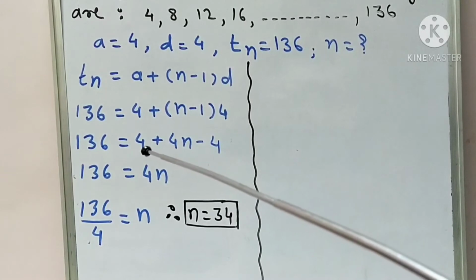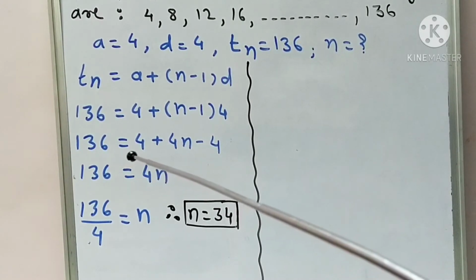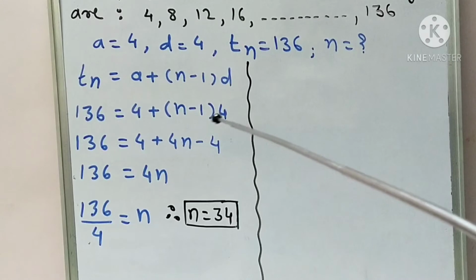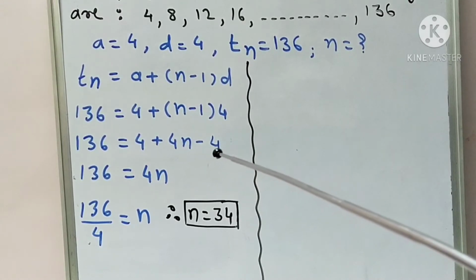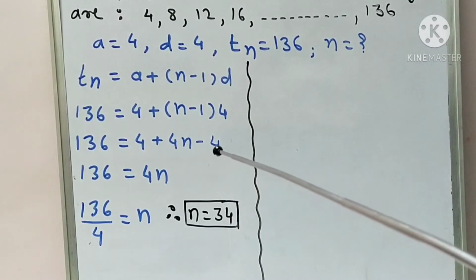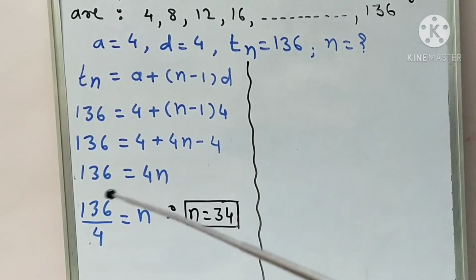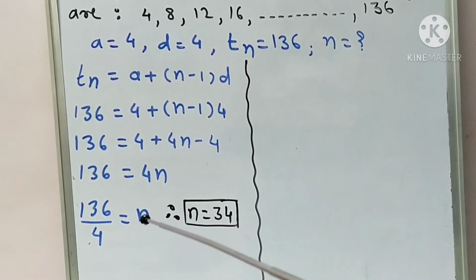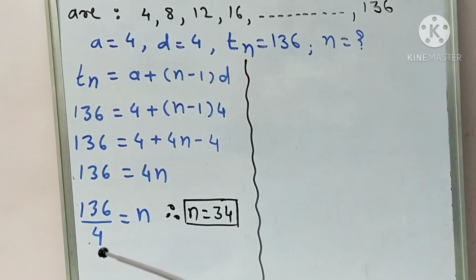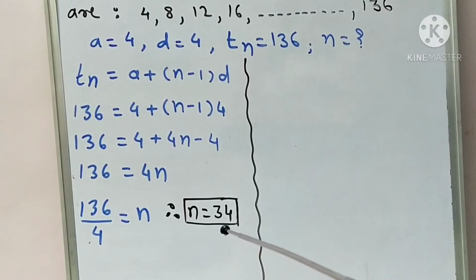So as we simplify it, the next step is 136 equal to 4 plus the product of these terms, 4n minus 4, where 4 minus 4 eliminates, the answer is 0, so remaining is 136 equal to 4n, and therefore n is 136 upon 4, so that division is 34.